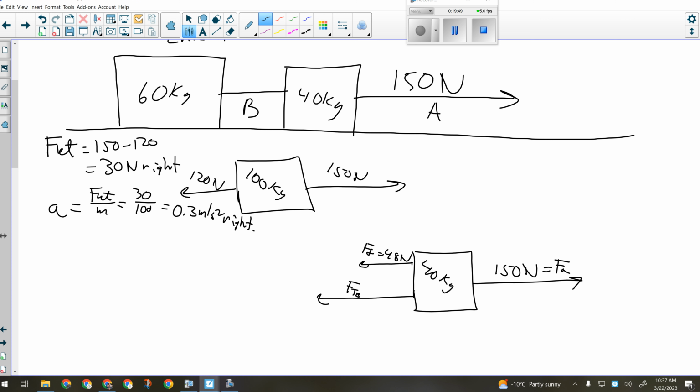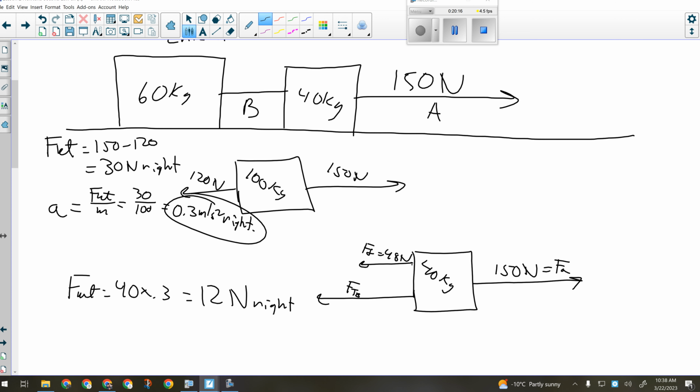So, since I know the acceleration of that block, and the mass of that block, what can I calculate? Net force acting on the 40 kilogram block. All right, so F net is going to be 40 times 0.3, which is 12, right? Yep. Okay, 12 newtons to the right.